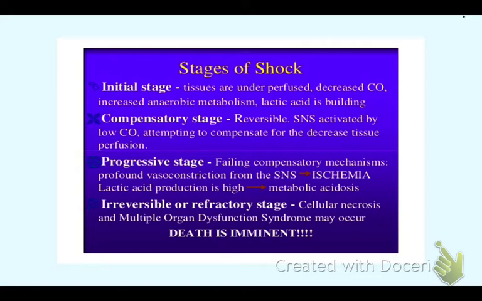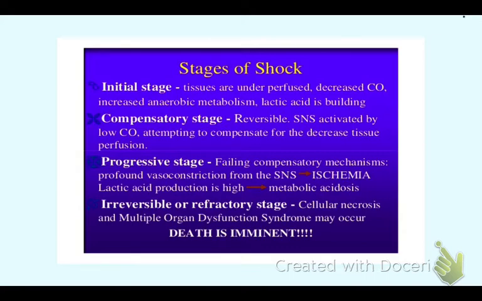It is reversible at this point, and your compensatory stage can happen as early as 30 seconds. I know there's a lot of gray area here, but it's basically the body compensating in this stage. That's when your body releases those neural and hormonal and biochemical physiological compensatory mechanisms to try to overcome acidosis and maintain that homeostasis.